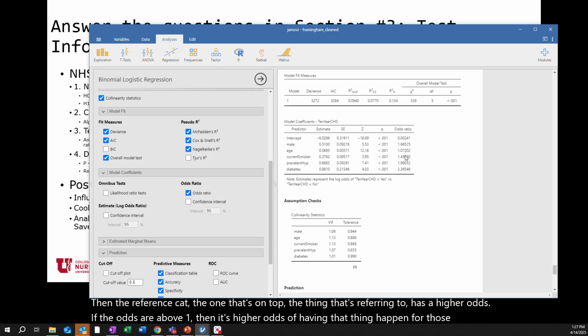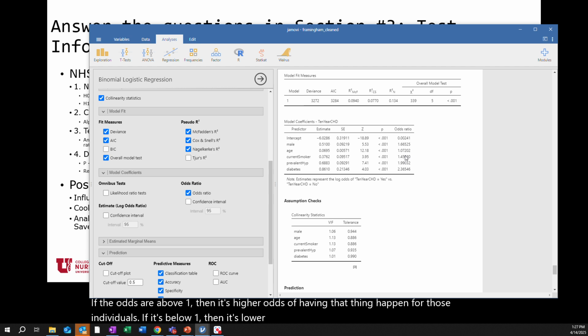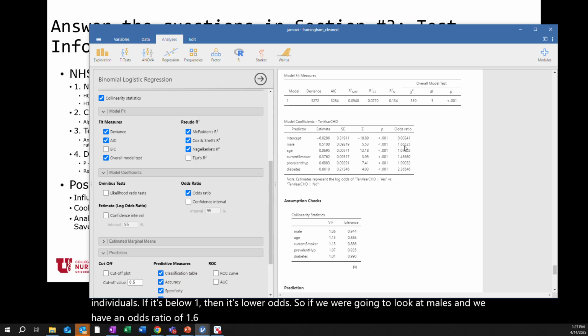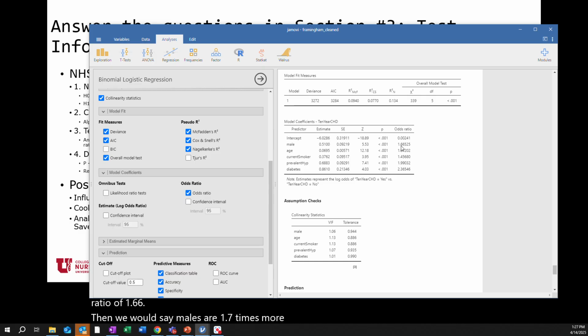If it's below 1, then it's lower odds. So if we were going to look at males, and we have an odds ratio of 1.66, then we would say males are 1.7 times more likely to develop coronary heart disease than females in this sample.